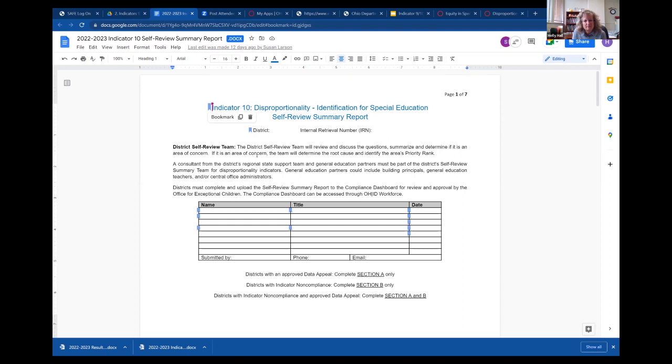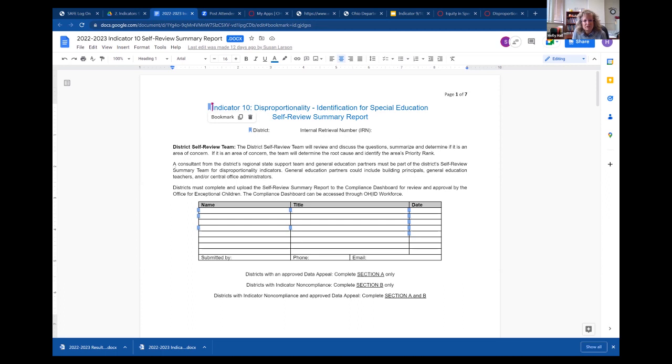Remember that these numbers do include preschool. So when I think about speech language impairment, are we operating our own preschool program and/or preschool services? Do we need to include our ESC partners? All of those are team members we might want to think about including on our team.